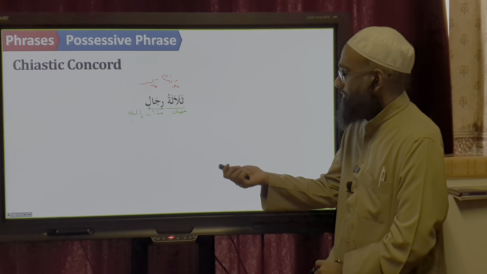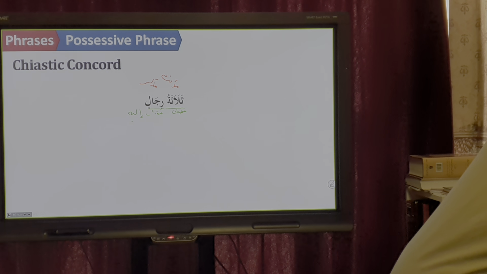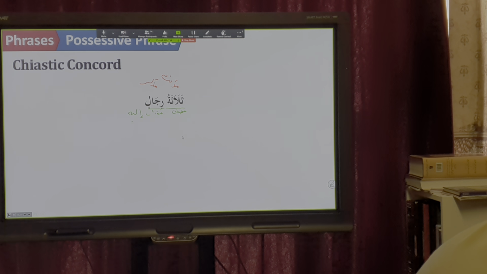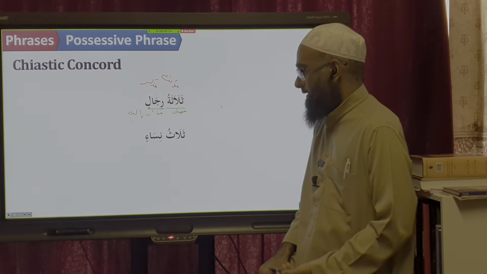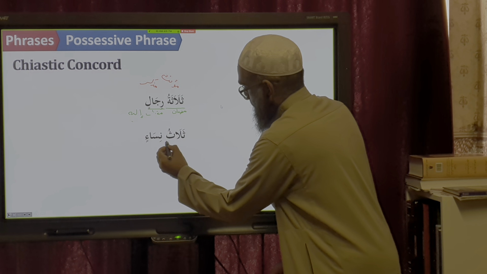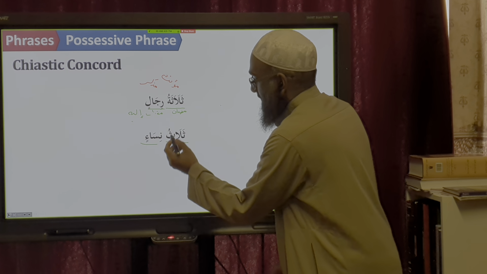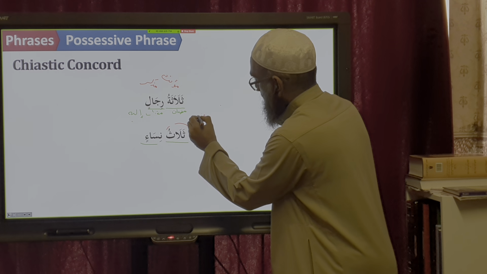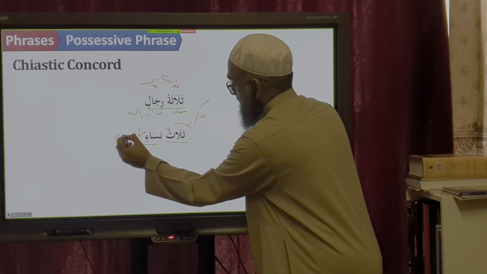What is rijal? Mudhakkar. Correct? So you have muannath and mudhakkar. If we were to say thalathu nisa'in, again the structure is mudaf, mudaf ilayhi. But in terms of gender, thalathu is mudhakkar and nisa is muannath.